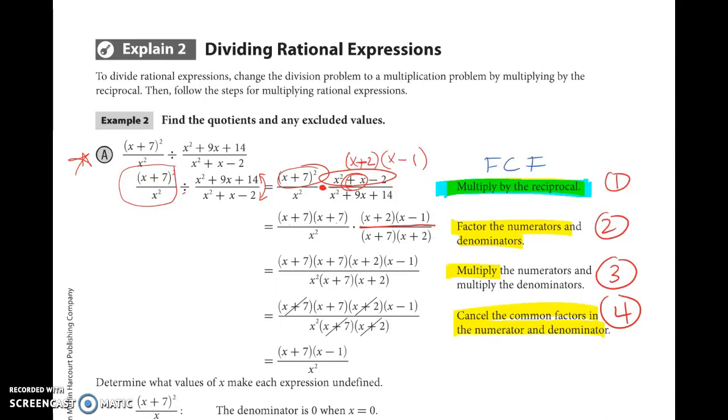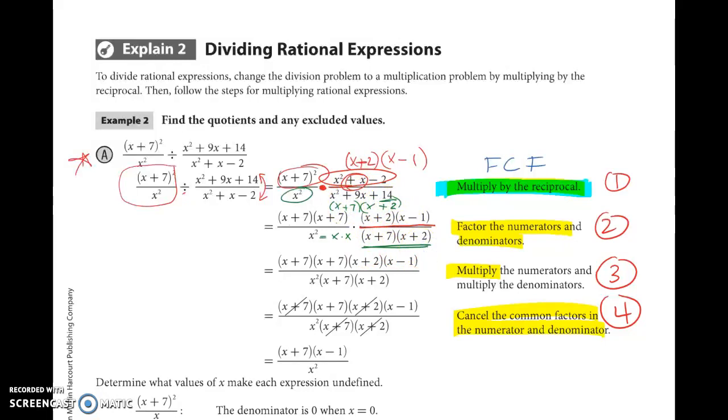Our denominator, we have x squared. I guess you could write that as x times x, if you'd like. And then this right here is x and x. What multiplies to 14 is 7 and 2 to add to 9, both need to be positive, and that's how we got this.